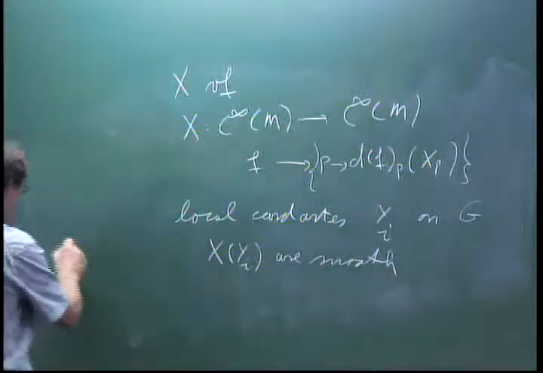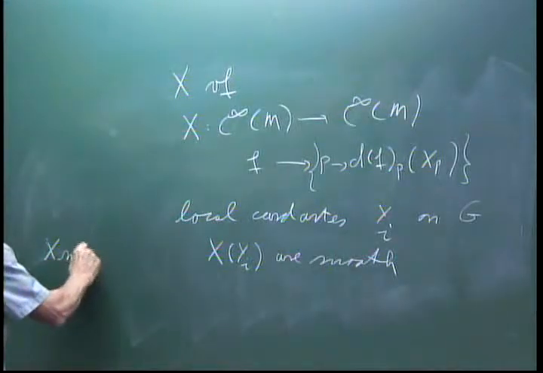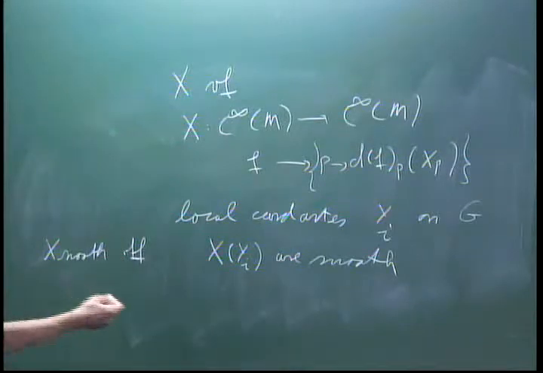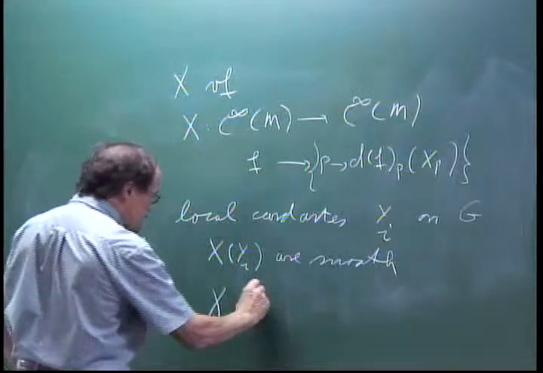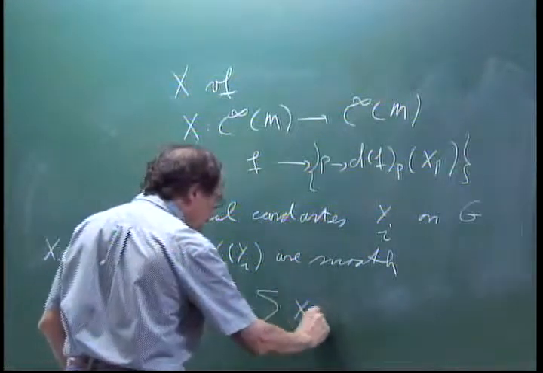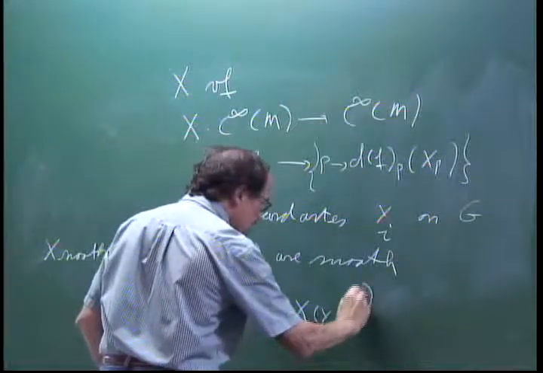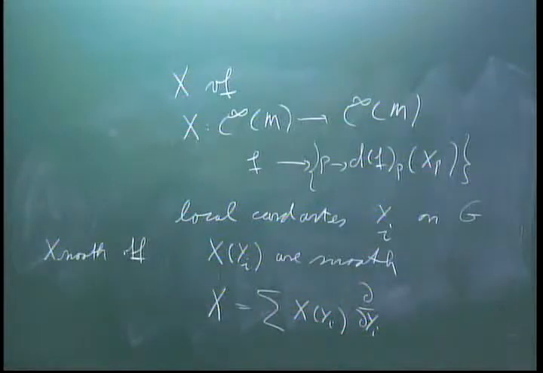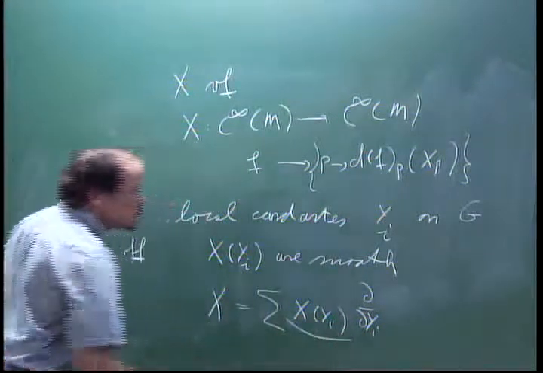Right, so X is smooth if and only if this is true. In fact, then the vector field X I can write as X equals summation X applied to yi, d/dyi. So that's the usual way of working with vector fields as a derivation. So I want to show that these things are smooth here.